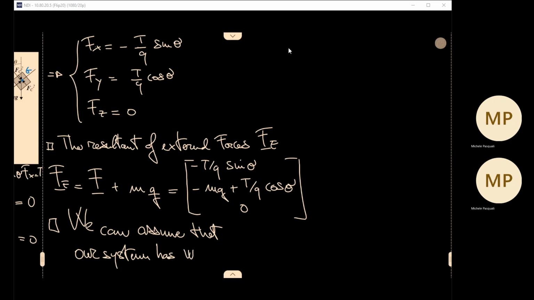Workless constraint, and therefore, let's say that W is equal to 0. Okay, so it looks like it's not stuck. I'm looking from here.